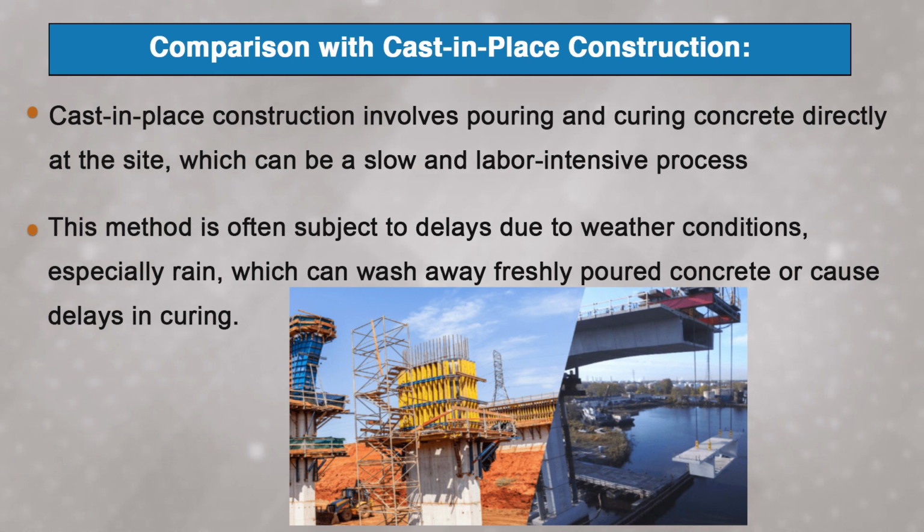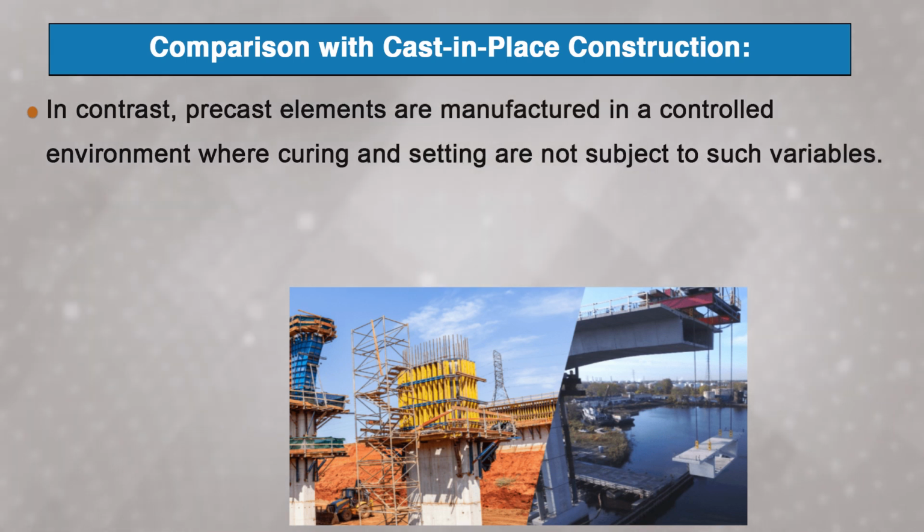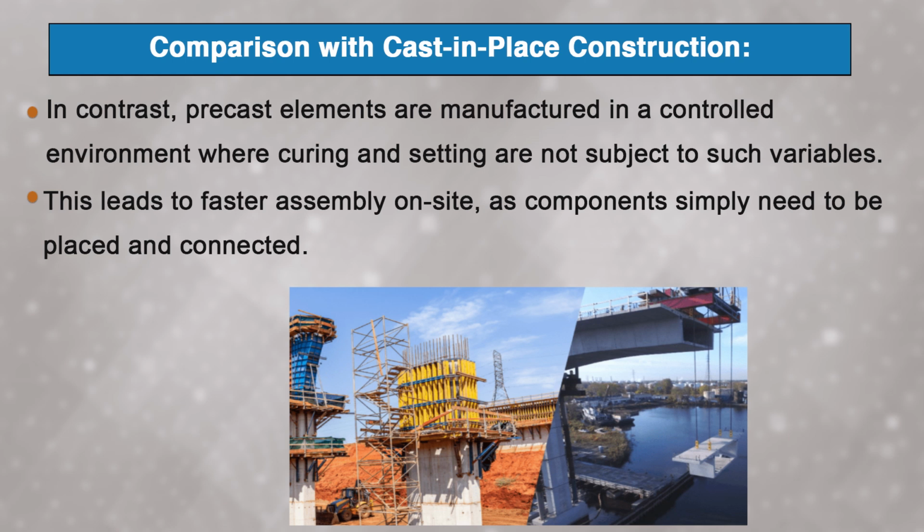What will be its real world impact? Construction can be halted altogether in cold climates if the temperature drops too low, as concrete will not cure properly in freezing conditions. In contrast, precast elements are manufactured in a controlled environment where curing and setting are not subjected to such variables. This leads to faster assembly on site, as components simply need to be placed and connected.